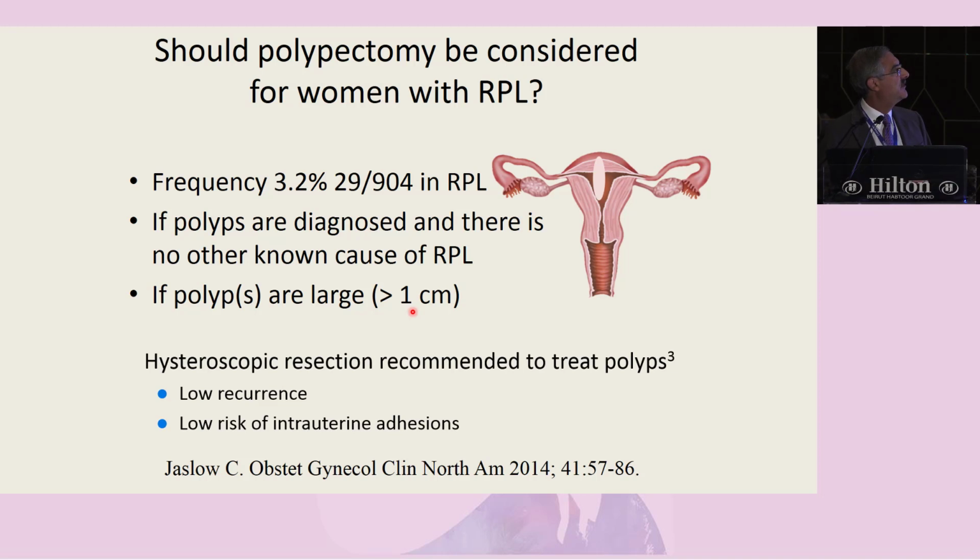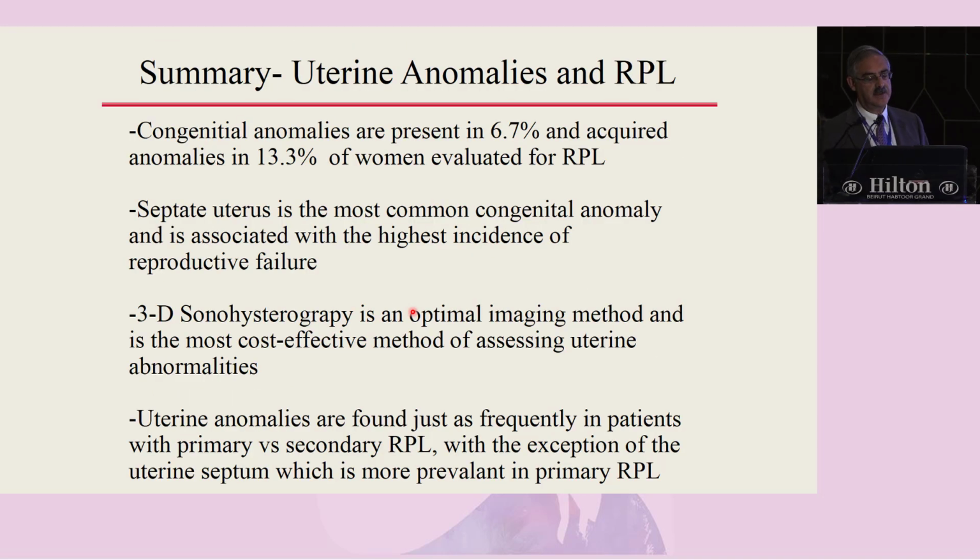So to summarize the uterine anomalies, congenital anomalies are found in about 6.7%, acquired anomalies in about 13%. So the point is, it's very important to evaluate the uterine cavity for women with pregnancy loss and definitely those who have problems with fertility. The septate uterus is the most common congenital anomaly and is associated with the highest incidence of reproductive failure.